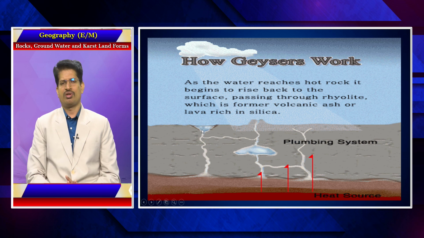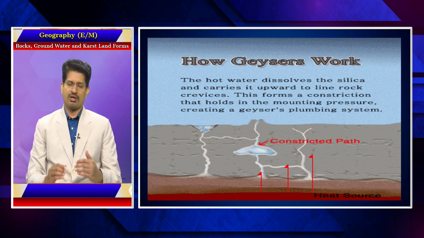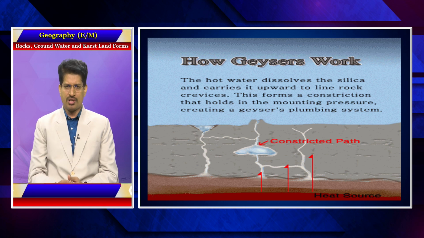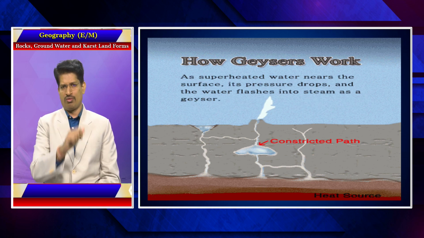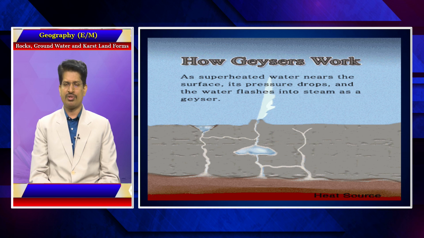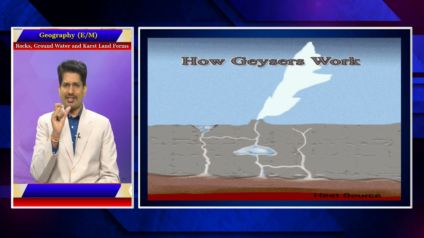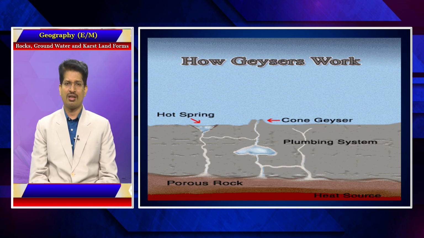The difference between a hot spring and a geyser is that in a geyser, the water exploding out happens at an interval which is always the same. So the time duration between two expulsions or explosions of water is an exact time duration. That is the reason why it is known as a geyser.